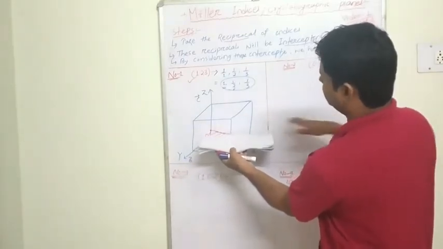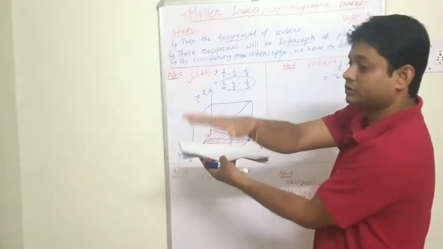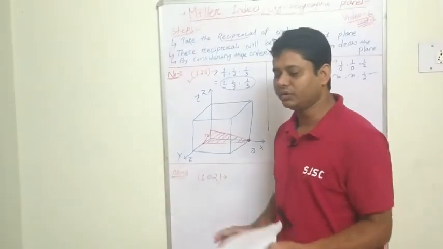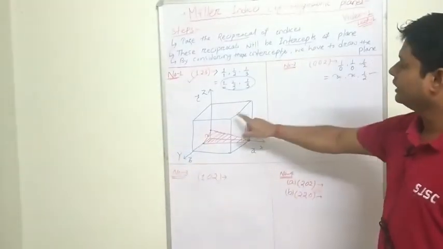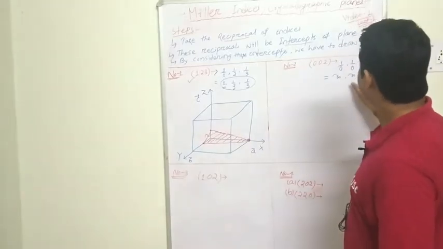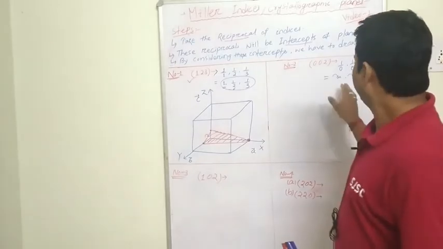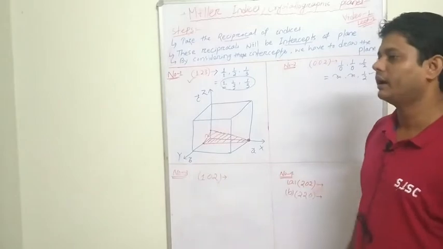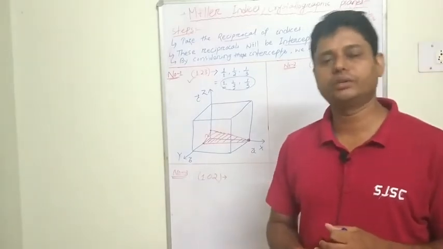If I extend this plane towards the x-axis and y-axis, it tends to cut at infinity. So from these intercepts we draw the plane in the cube in such a way that it cuts the z axis at 1 by 2 unit and tends to cut the x and y axes at infinity, or we can say the plane is parallel with both the x and y axis.